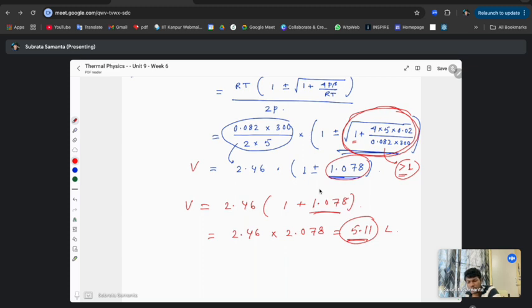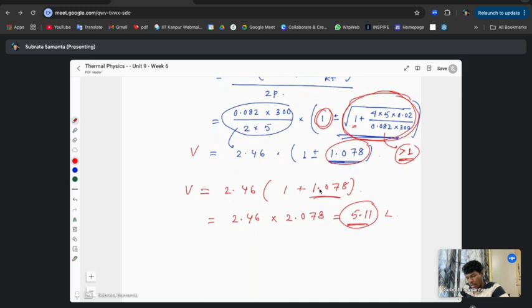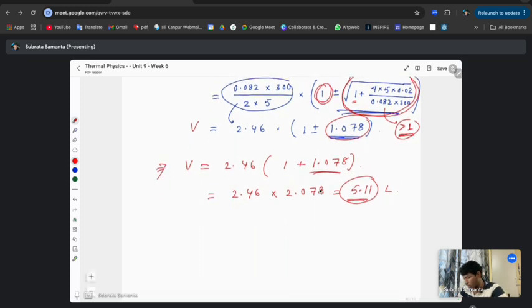It's always greater than 1, so you have to always choose the plus sign, not the minus one. Because this one is 1 and this is always greater than 1, and since the volume cannot be negative, you always choose the plus sign. Okay, fine, hope it's clear now.